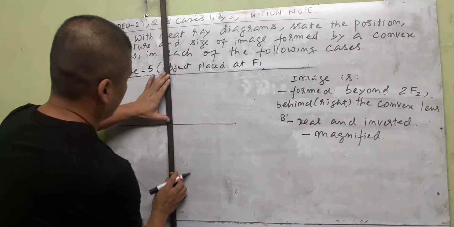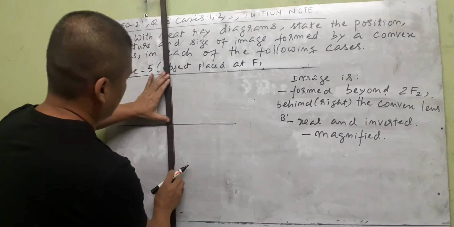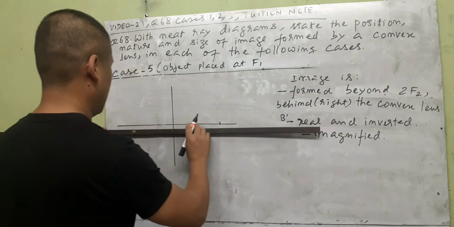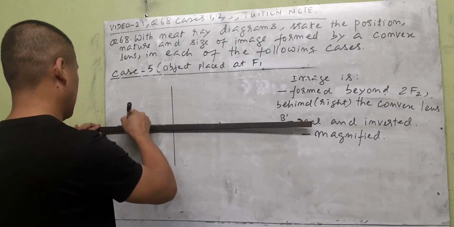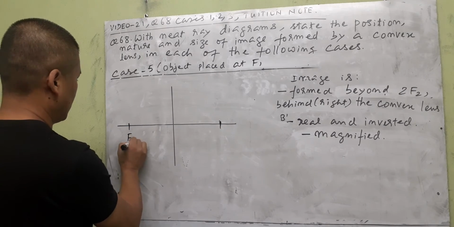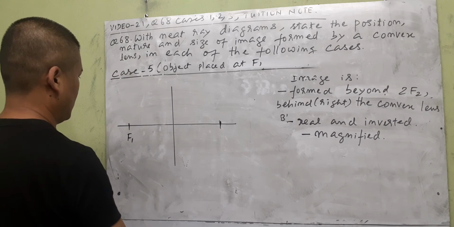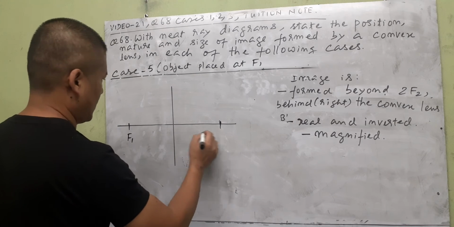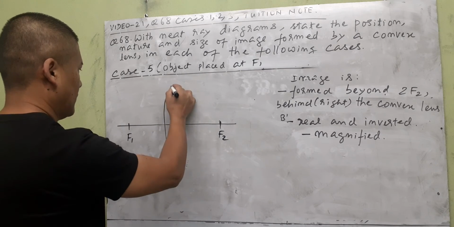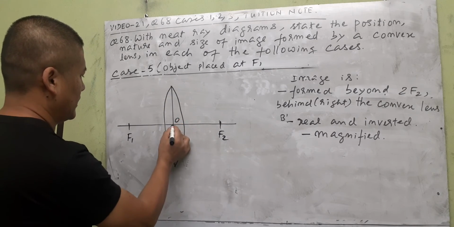Now this time draw the middle line. And then maybe we can take a little bit longer because we need space, I think 3 centimeter, 3 here. And here also 3. We don't need 2f1 and 2f2, so just write here f1 and f2. That's enough. And draw your lens, convex lens or middle point.